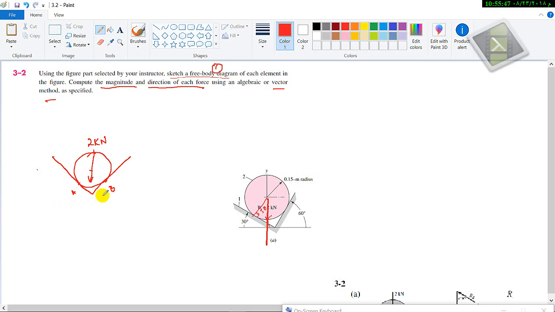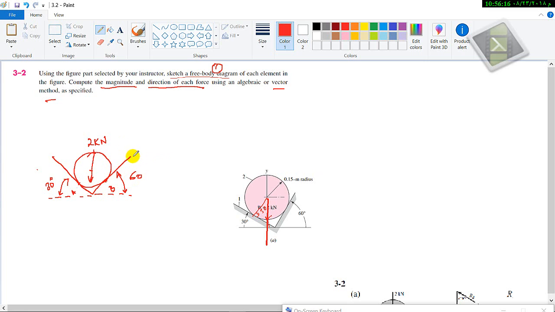And we have this wall, which has an inclined angle of 30 degrees, and from the opposite side, 60. Maybe it's not showing 60, but we will assume that it's 60. The 60 should be bigger than this one anyway.